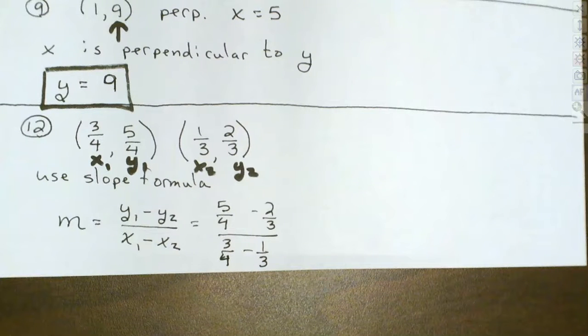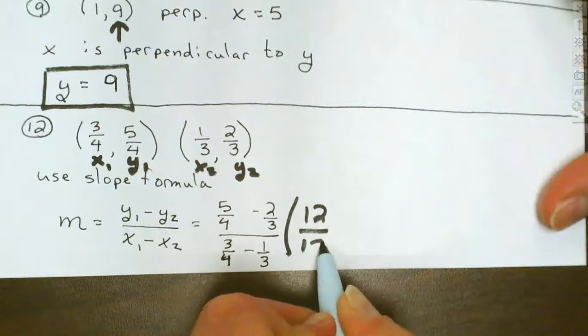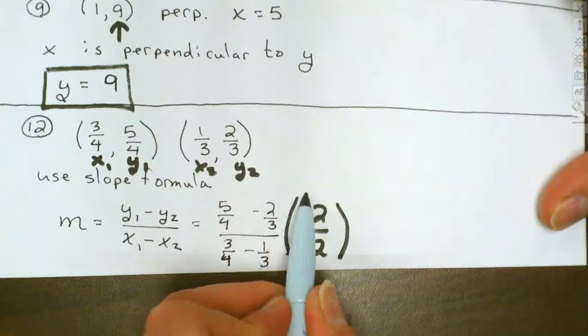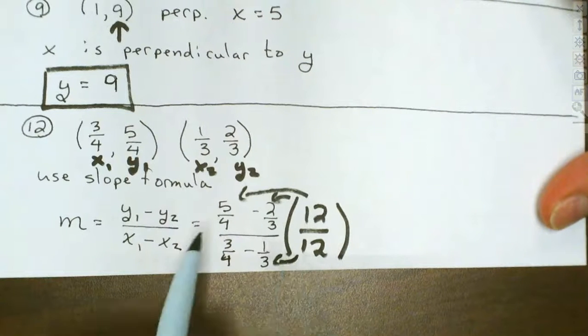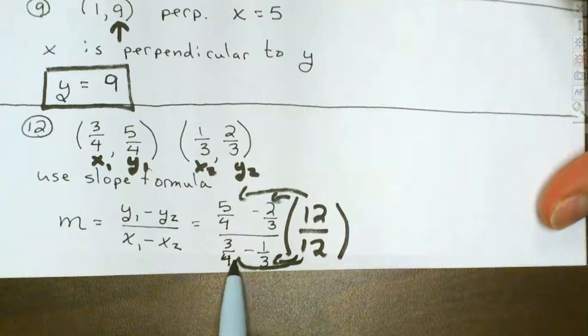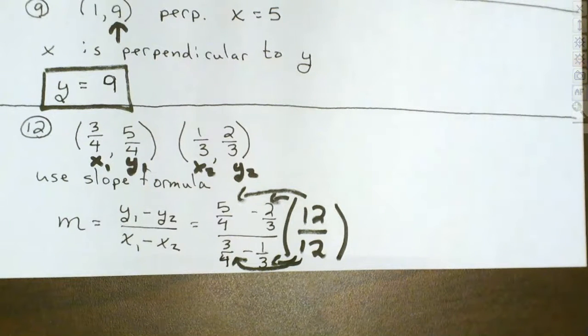That is going to clear out all of the fractions. So everything in the numerator and the denominator gets multiplied by 12. Now that doesn't change things because 12 over 12 is just a factor of 1, so it doesn't change it at all. What that does do is get rid of our fractions.